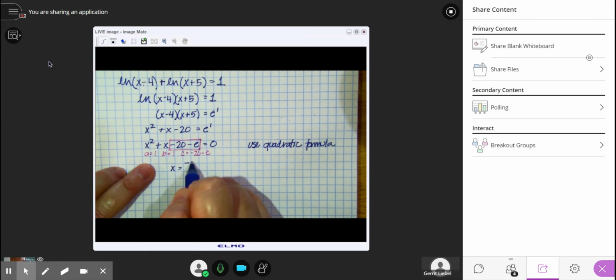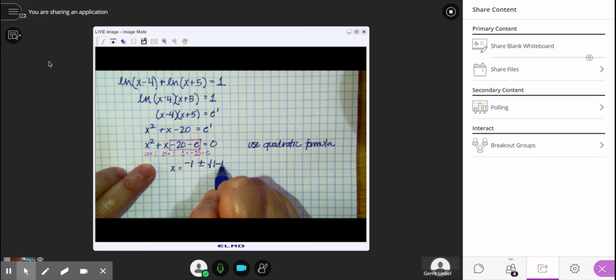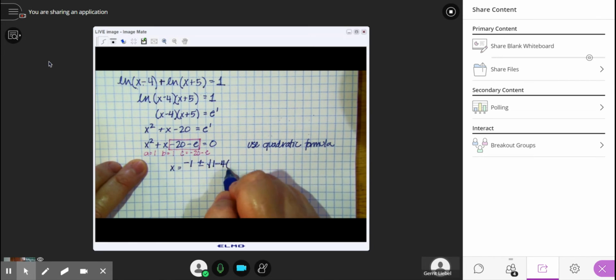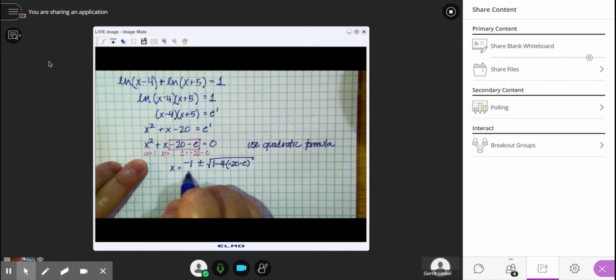So x would equal the opposite of B plus or minus the square root of B squared minus 4 times A times C, all over 2A. So it's negative 1 plus or minus the square root of, wait, no, 81 plus 4e, all over 2.